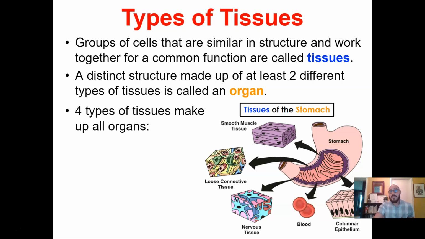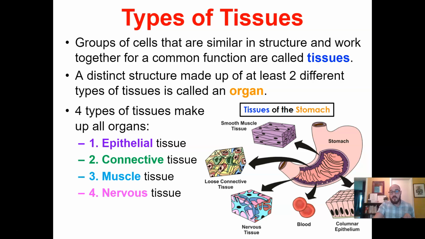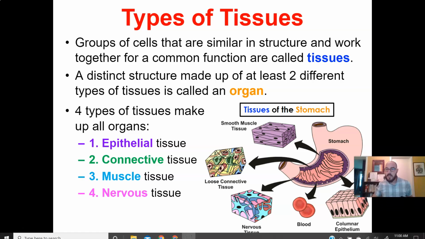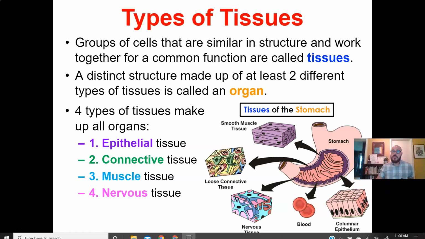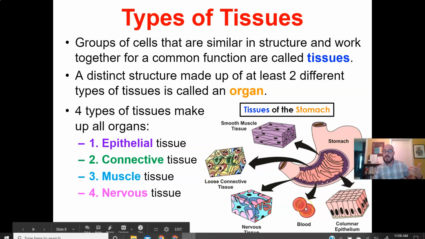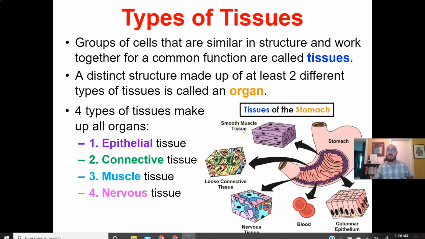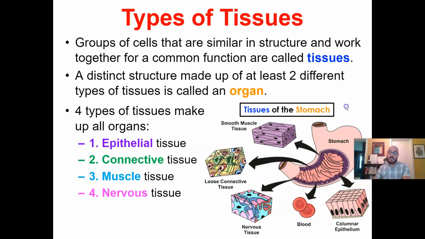So there's four types of tissues: epithelial tissue, connective tissue, muscle tissue, nervous tissue, and if you look here, a stomach, you can see that it's made up of a couple different tissue types. It's made up of loose connective tissue, nervous tissue, blood, which is a type of connective tissue, epithelial tissue, and smooth muscle tissue. So it takes a lot of different cell types to make something like a stomach. And that's how you get an organ.